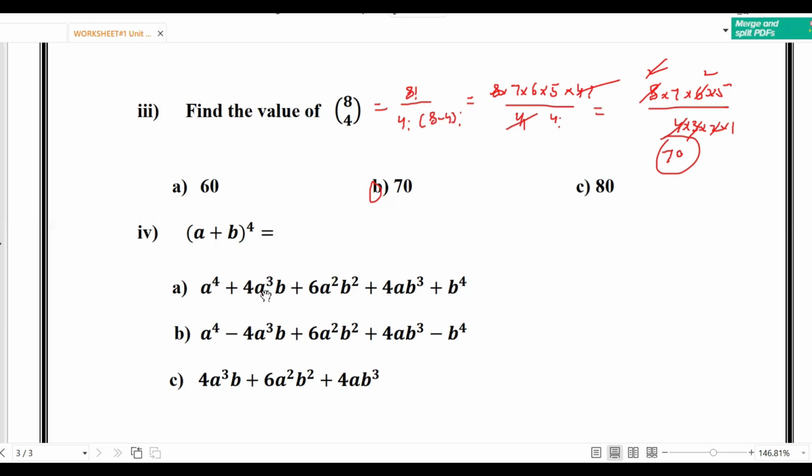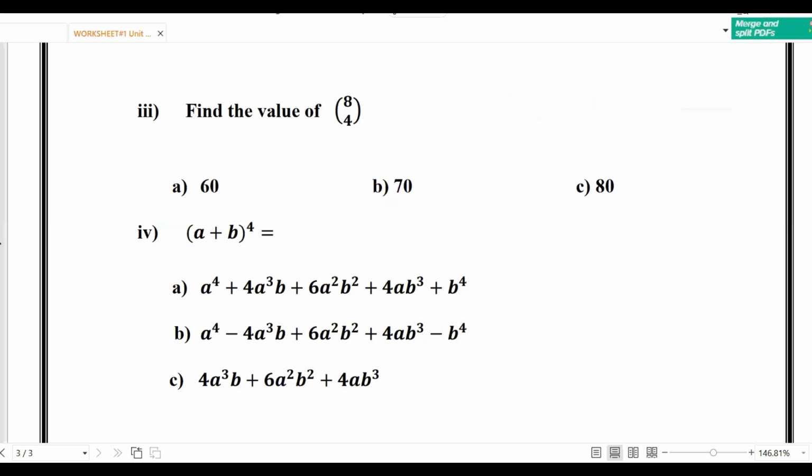Next one, we can erase this, and then next, (a + b) to the power 4. This is a basic formula as well. And of course, if you apply the binomial expansion, it gives you a to the power 4 plus 4C1 a cubed b plus 4C2 a squared b squared plus 4C3 a b cubed, and lastly b to the power 4.